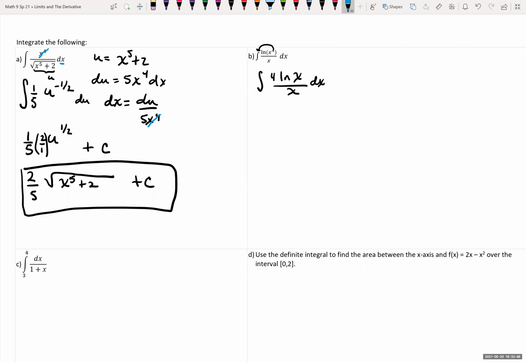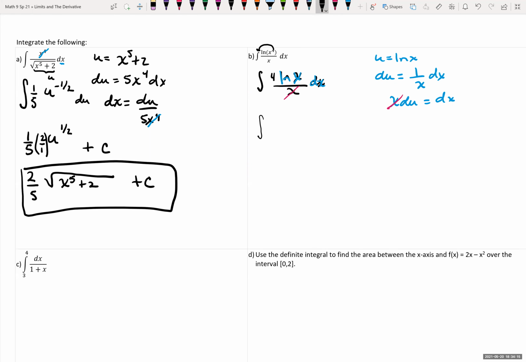And so let u equal our natural log of x. So then du is equal to 1 over x dx. Multiply by x on both sides, we get x du equals dx. And so notice when we go back in and substitute, those x's cancel. This x here, when I substitute it, will cancel with that x left in the integrand.